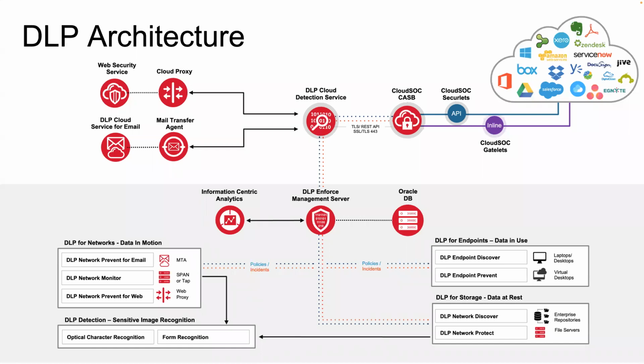The cloud proxy you're able to configure just like an on-prem proxy where you can block certain types of content. You're able to filter malware out of different content streams, but we're also able to feed the web browsing traffic through the cloud detection server so that the content of the web browsing session is inspected using the policies that you have from your enforce server.